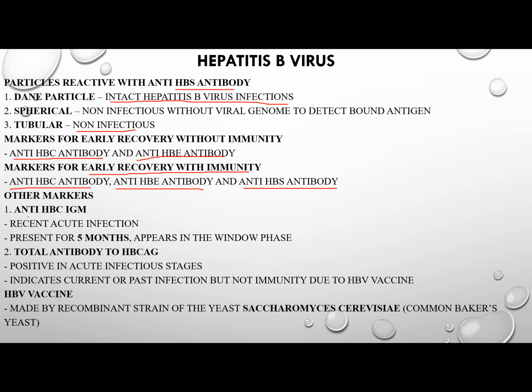Other markers, class, would include anti-HBC IgM, a recent acute infection, present for 5 months, which appears in the window phase. Then we have your total antibody to hepatitis B core antigen, positive in acute infectious stages, which indicates current or past infection but not immunity due to hepatitis B virus vaccine.